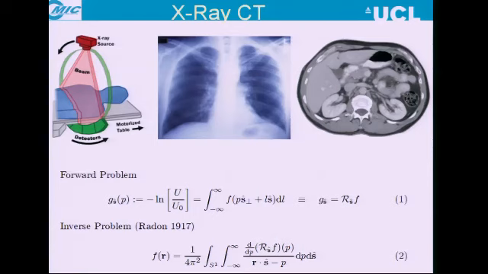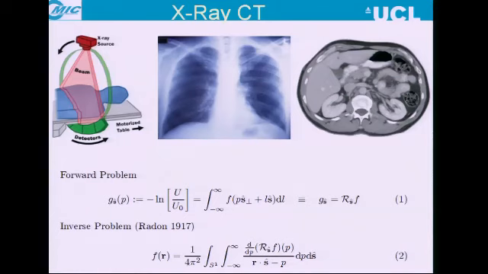Now every hospital will have them. It primarily looks at hard tissue, and it's widely used, for example, for looking at trauma, particularly head injuries due to accidents, and looking for micro cracks in the bones.